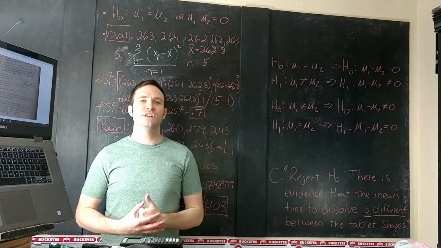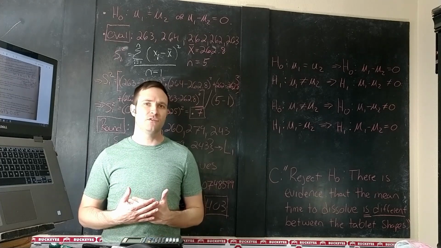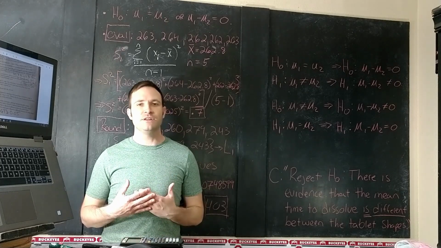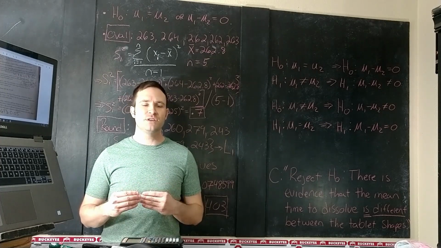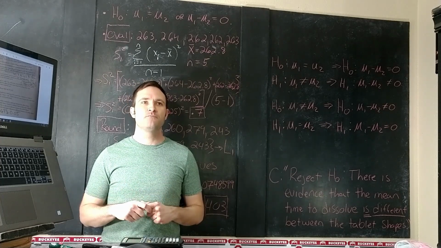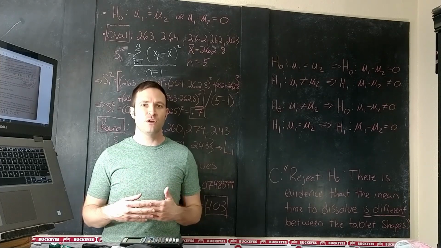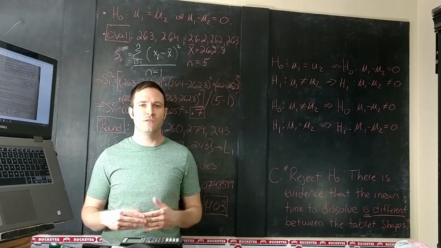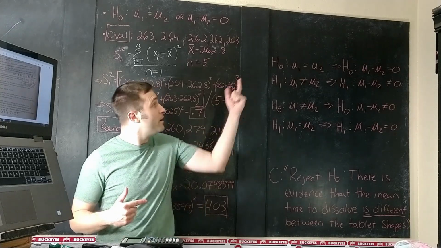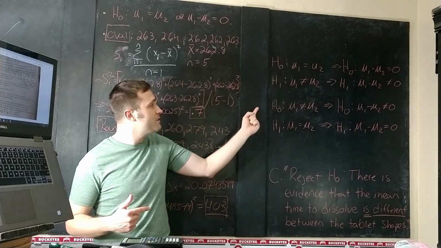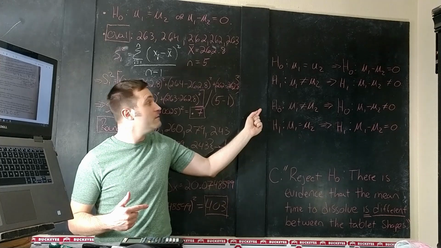Okay, so what do we need to do? Well, the question states that we need to perform a hypothesis test. In order to do that, we need to develop a null hypothesis. That could be a little tricky, even though it's not meant to be, when you consider that there are two different valid expressions for the null hypothesis. You can either state that the null hypothesis is that the two population means are the same, or you could state that the null hypothesis is that the population means are different.